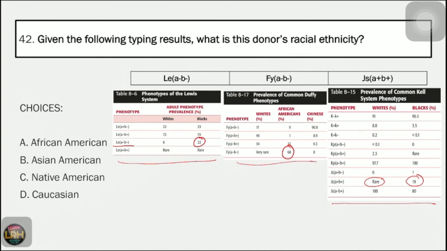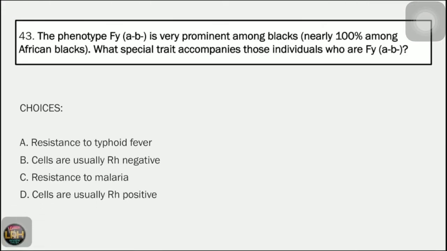So for here, given that this is Duffy A negative, B negative, this is more attributed among the African American population. So for number 42, letter A is the correct answer. Number 43, the phenotype Duffy A negative, B negative is very prominent among blacks, nearly 100% among African blacks.